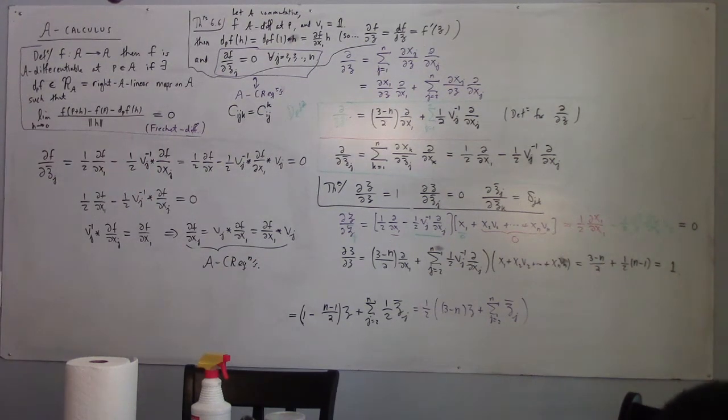So the vanishing of these conjugate variables is entirely equivalent to imposing the Cauchy-Riemann equations.